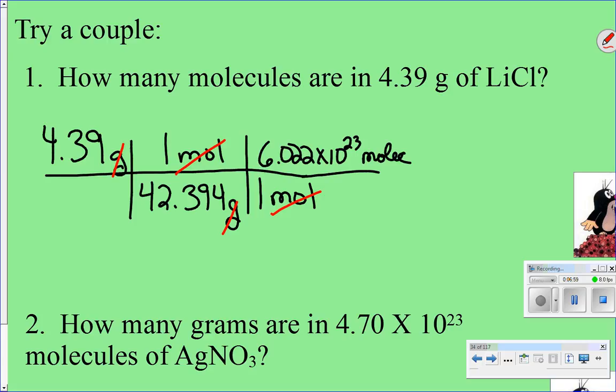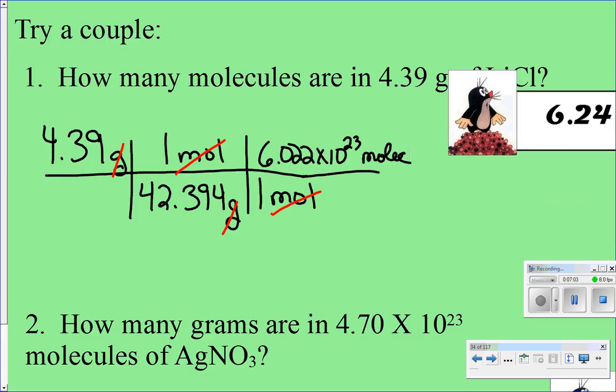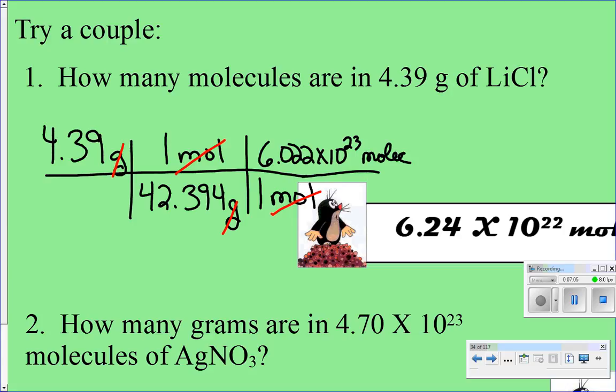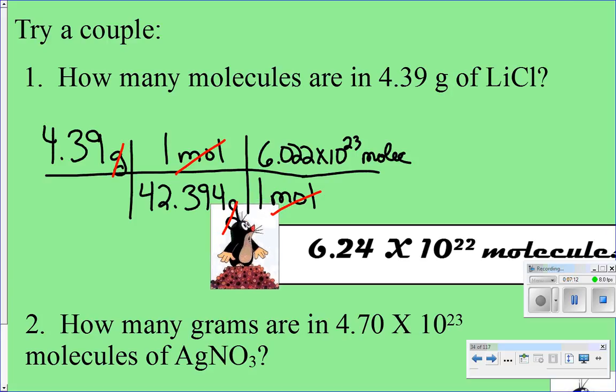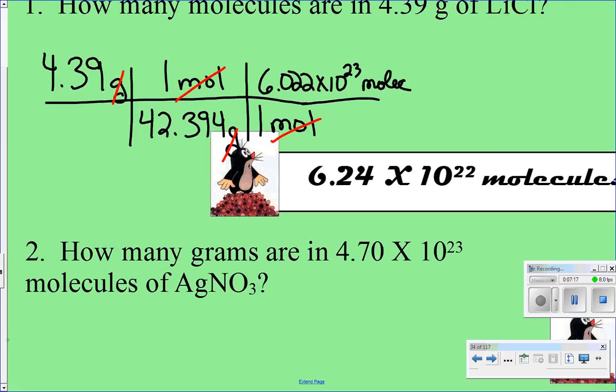My moles now will go away. Once you multiply by the top, divided by the bottom, you should have something that rounds to 6.24 times 10 to the 22 molecules. Remember that times 10 to the 22 is just coming out as E22 at the end of your number on the calculator.